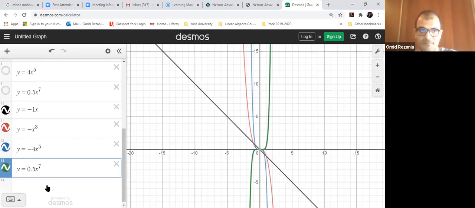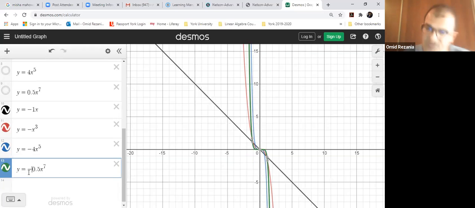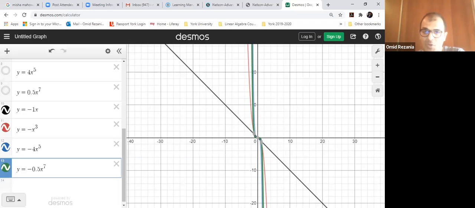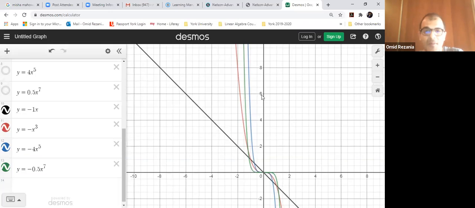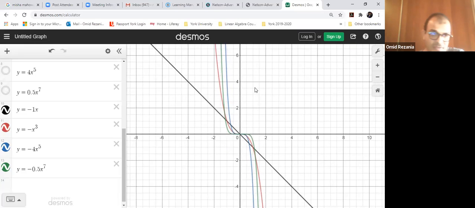You see that green one? Sorry, it has to be minus because we are working with negative leading coefficients. You see that all of these plots, if I zoom out, are essentially occupying the second and the fourth quadrant.